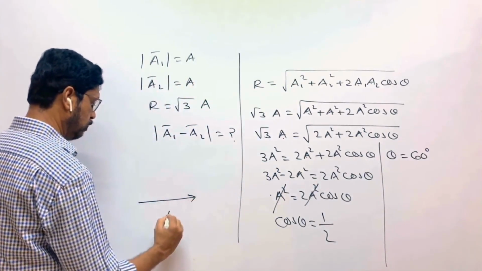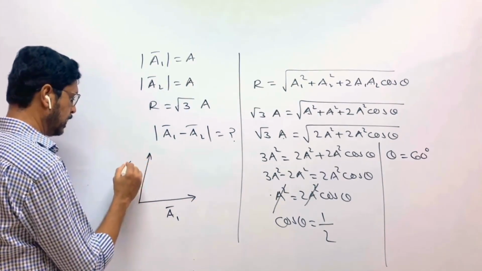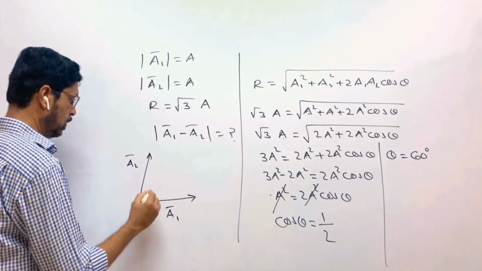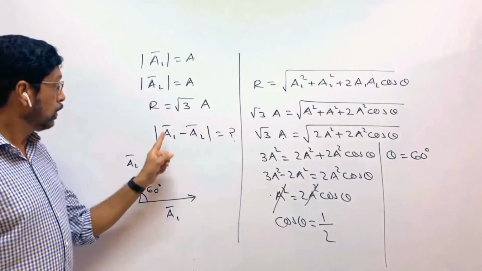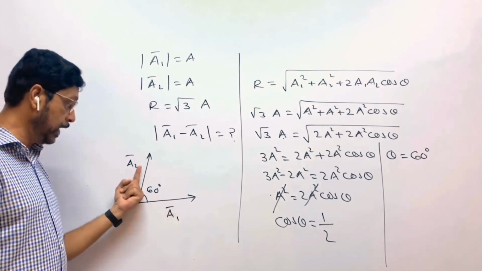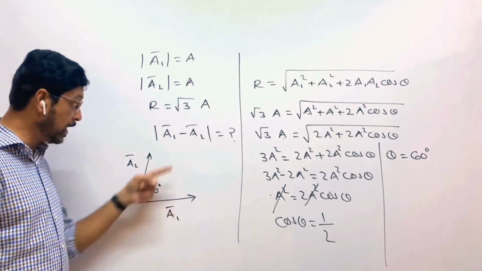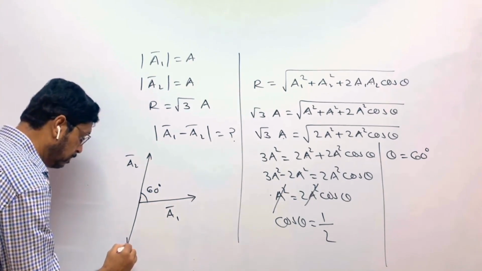Now look at here carefully. Suppose this is vector A1. This is vector A2. The angle between them is 60 degree. Now you want A1 minus A2. A1 में अभी हमने A2 ऐड किया था. अब A1 में क्या ऐड करना है? Minus A2. Minus A2 means this one.